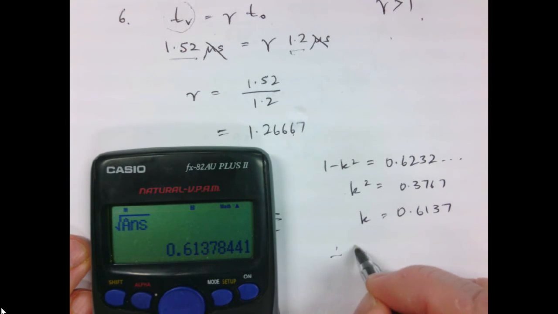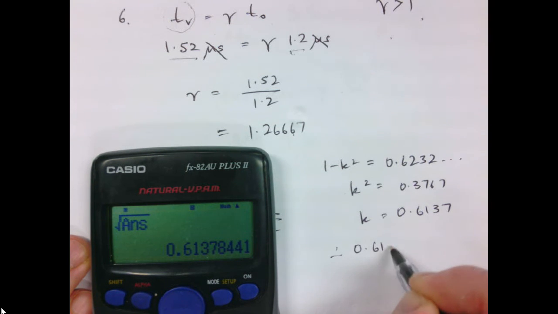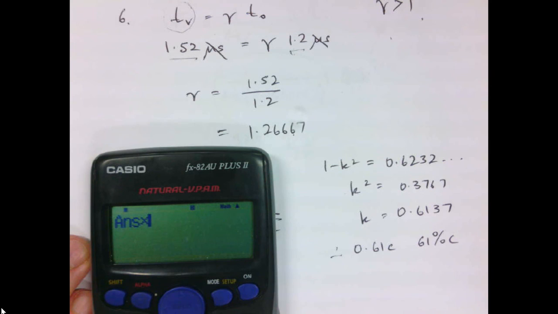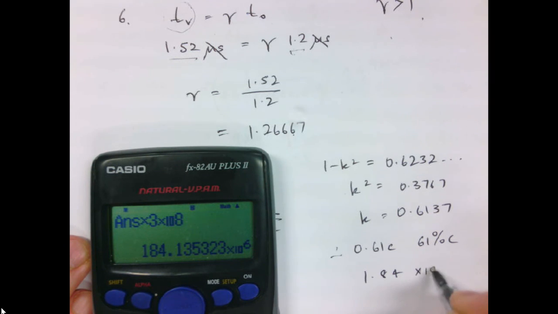Therefore, we are travelling at 0.61 c, 61% of the speed of light, or 1.84 by 10 to the 8th meters per second.